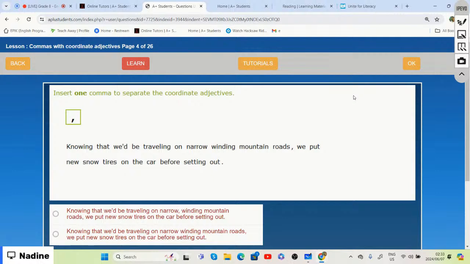So we need to insert one comma to separate the coordinate adjectives. It says, knowing that we'll be traveling on narrow, winding mountain roads, we put new snow tires on the car before setting out. So we need to add one comma. It says either option one or option two.